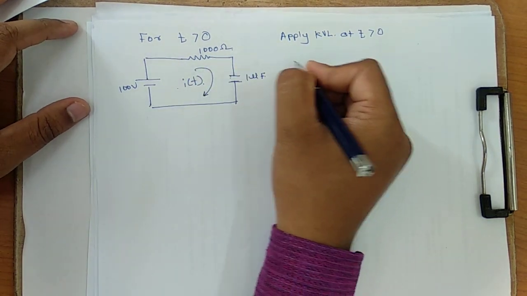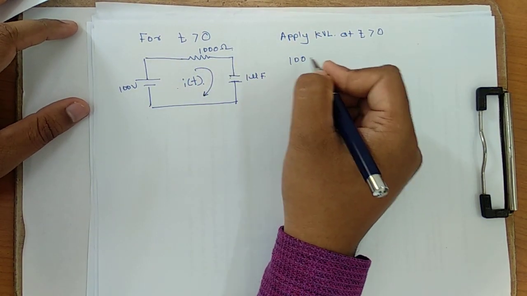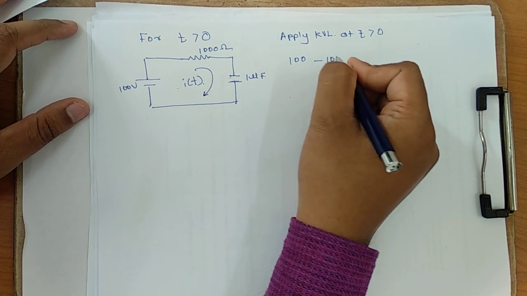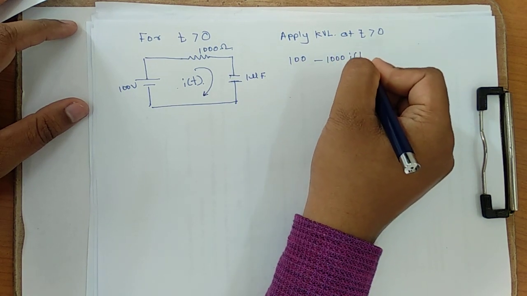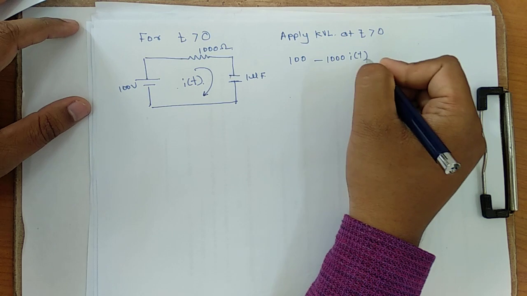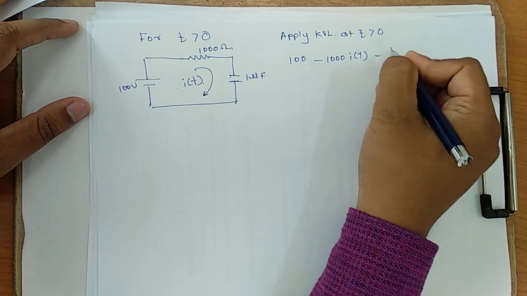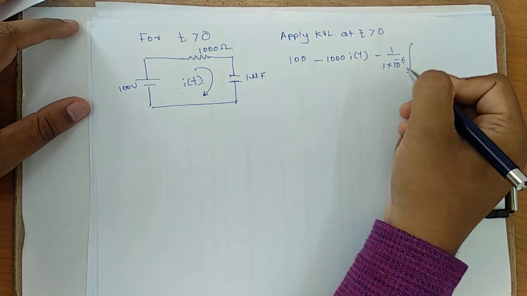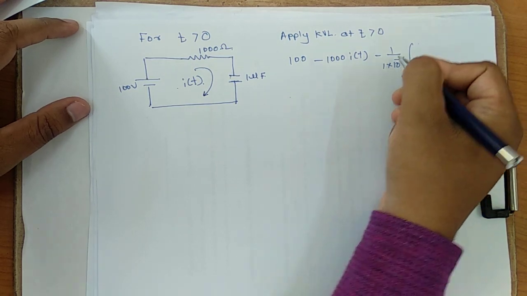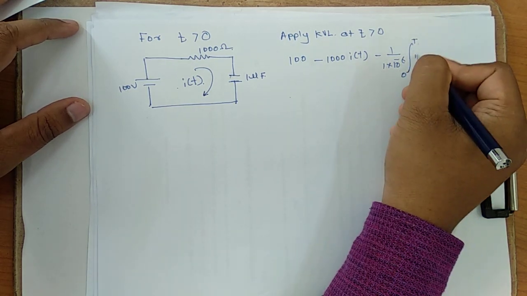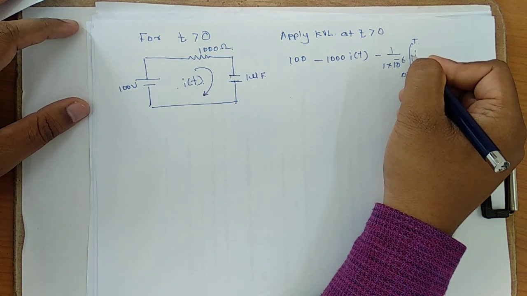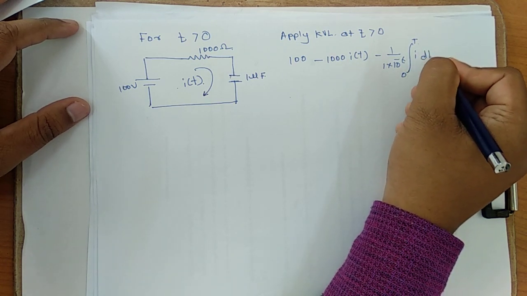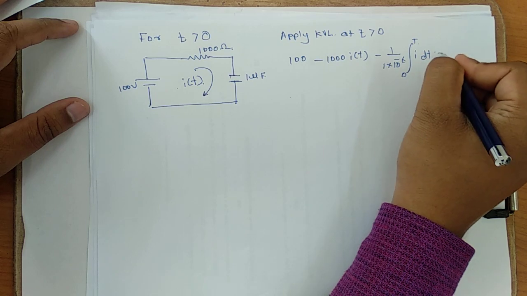So apply here: 100 volts, then minus 1000 I of t, then 1 upon 1 into 10 raised to minus 6, integration from 0 to t of I dt, is equal to 0.